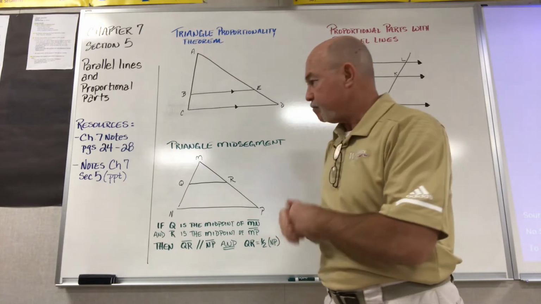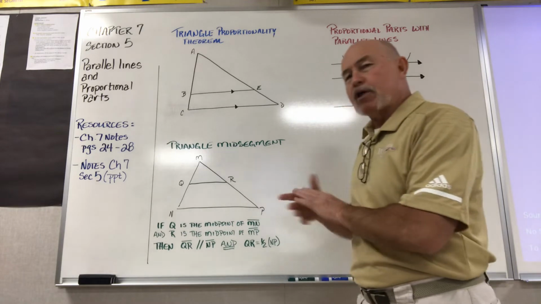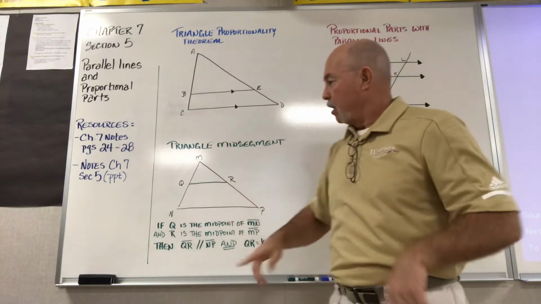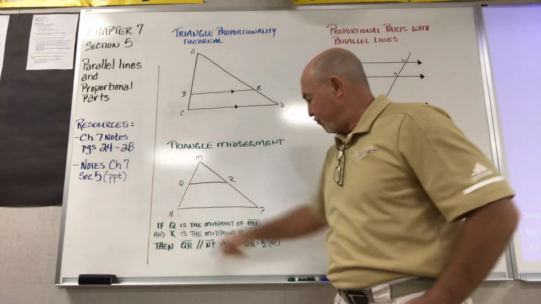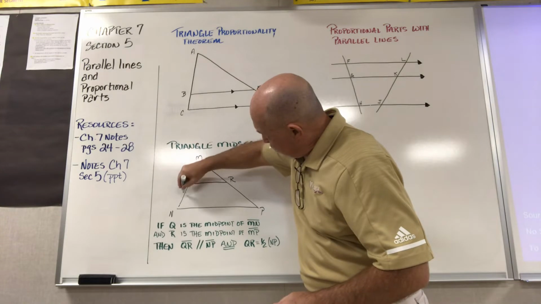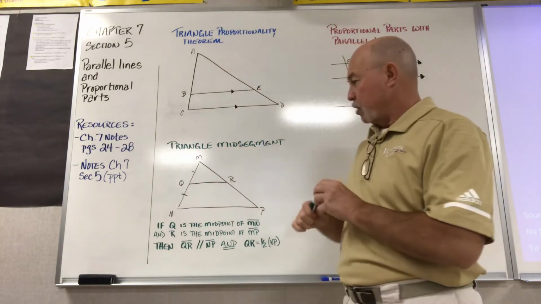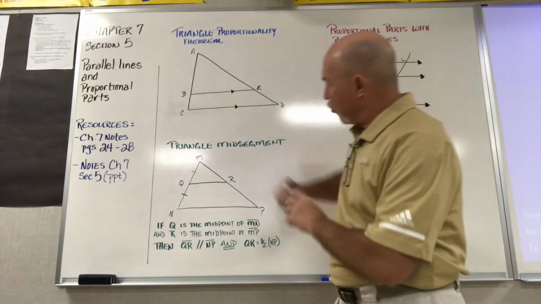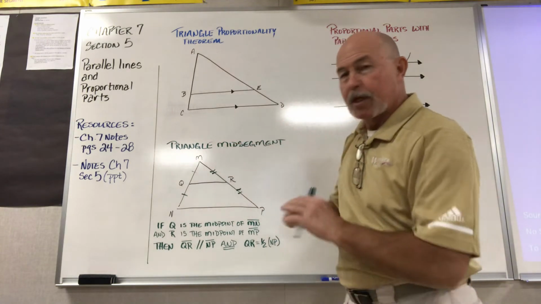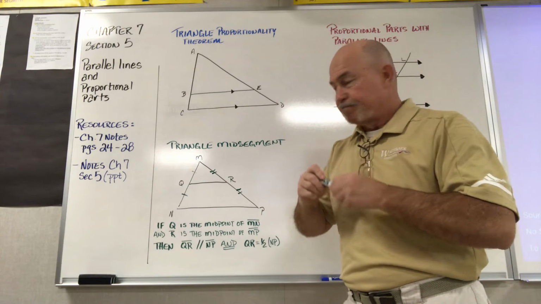Next, if we're talking about a mid-segment, remember, midpoints. If Q is the midpoint of this, that allows us to say, okay, those are equal segments. And R is the midpoint of MP. So if we get this information, we know 2 things.